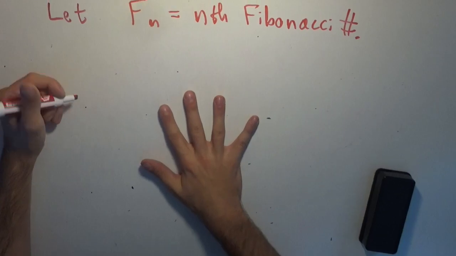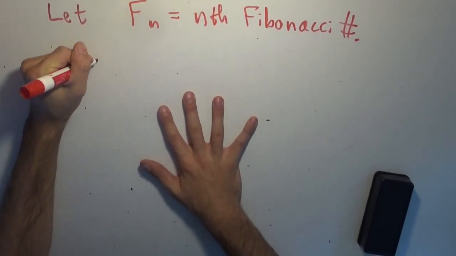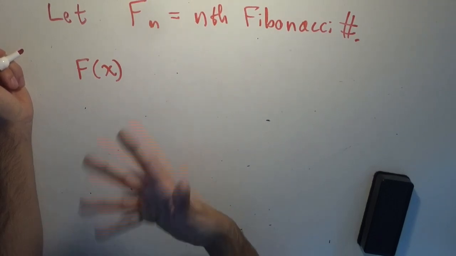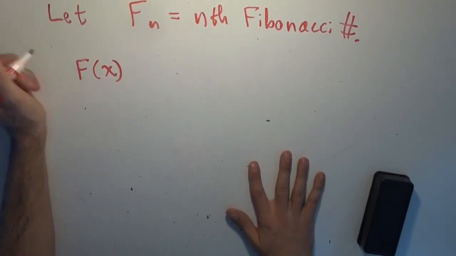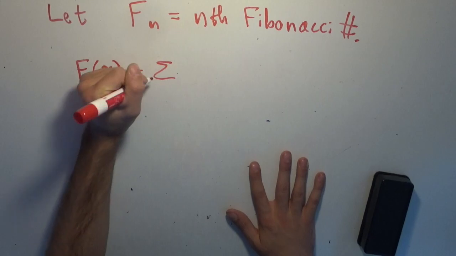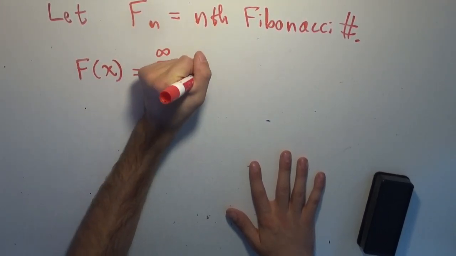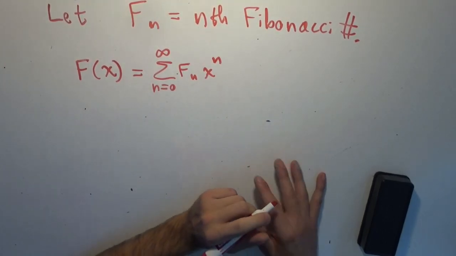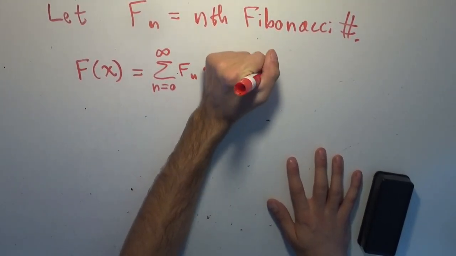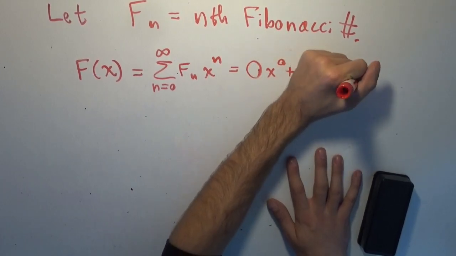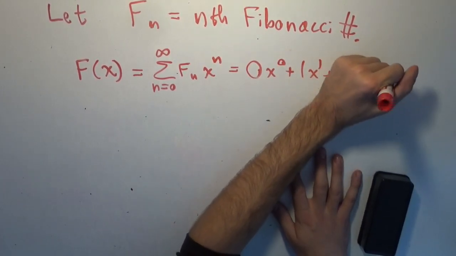So all we have to do is define capital F of x, which is the function we're going to be looking for, which has the Taylor series with coefficients as Fibonacci numbers, and we're going to define it as the sum from n equals 0 to infinity of f sub n times x to the n. And again, we know that this starts 0 times x to the 0, plus 1 times x to the 1, plus 1 times x squared, plus 2 times x cubed.